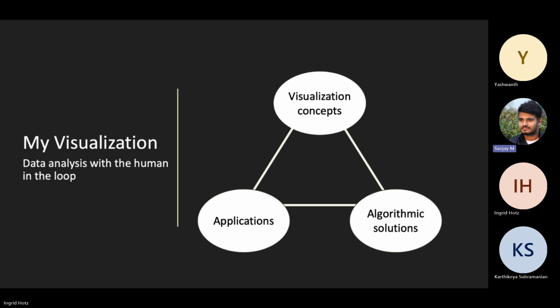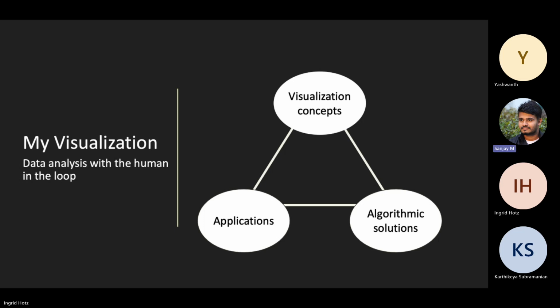When we are generating visualizations, in most cases we are driven by an application. Then we spend a lot of time thinking about good visualization concepts. How can we find good metaphors, good mappings for the data, mostly with a goal to go beyond the application, to design new visualization concepts, maybe inspired by this application.